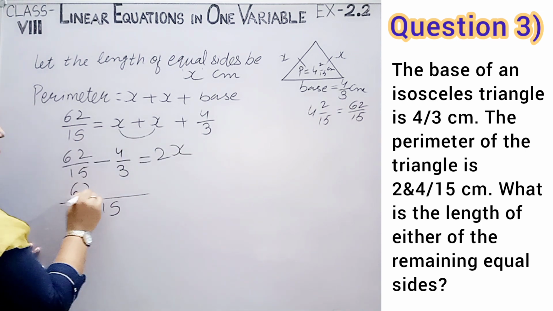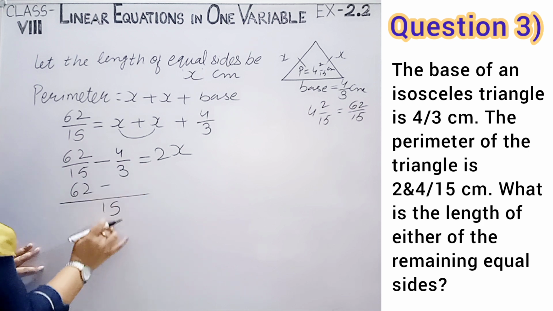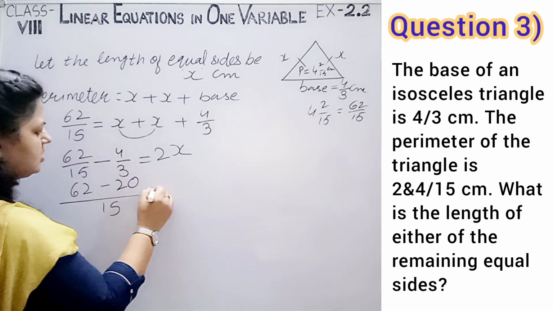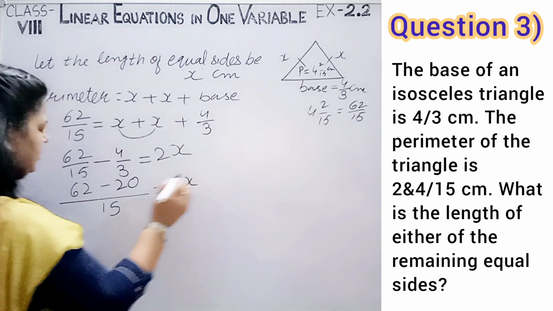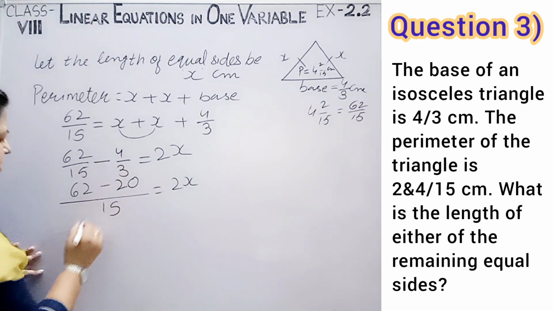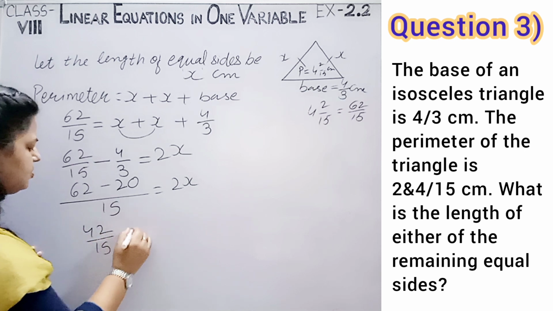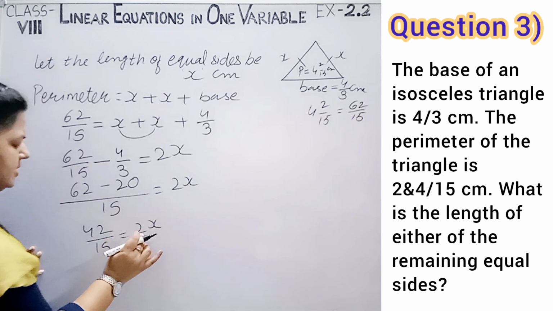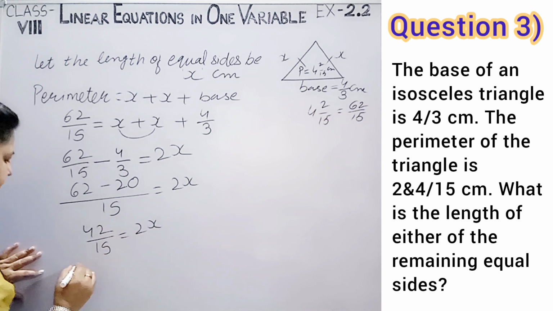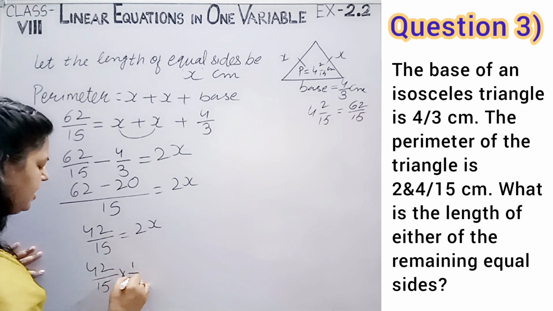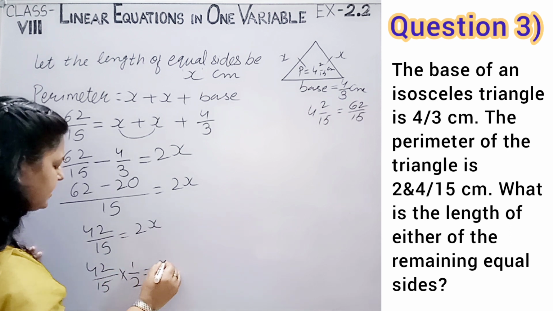We get 62 minus 3 5s are 15, 5 4s are 20, equal to 2x. 62 minus 20 is 42 upon 15 equal to 2x. Now transpose this 2 from right to left. 42 upon 15 into 1 by 2 equal to x.